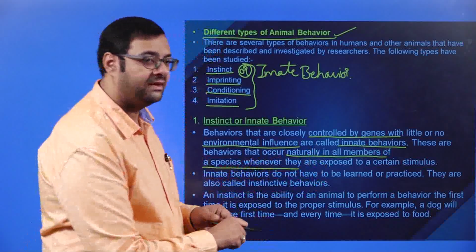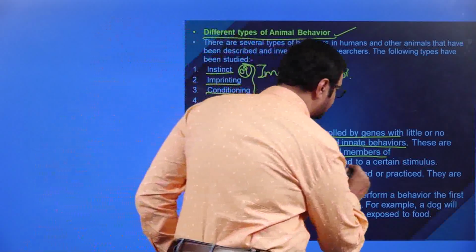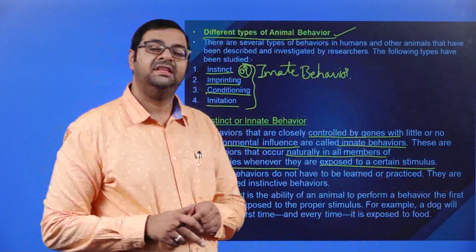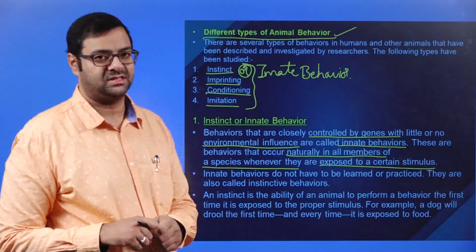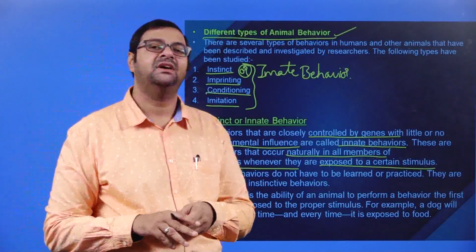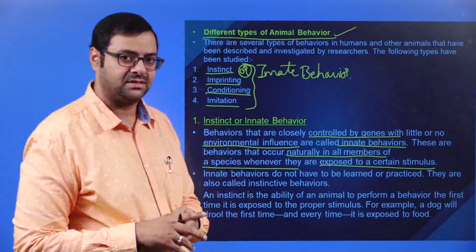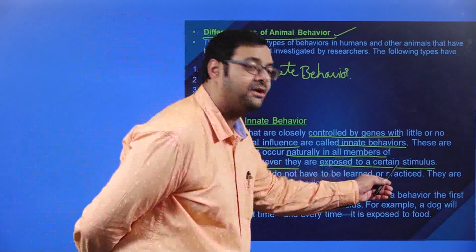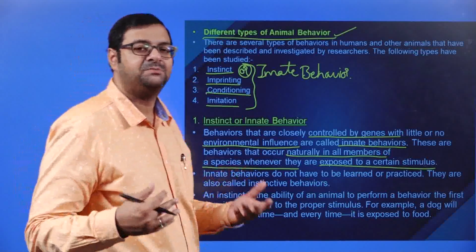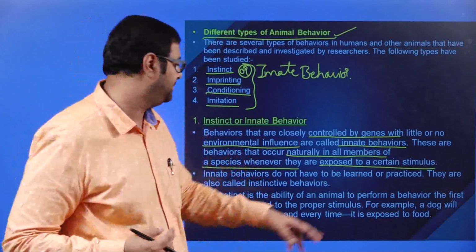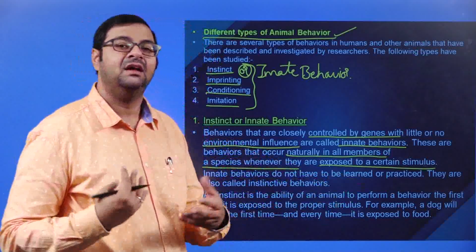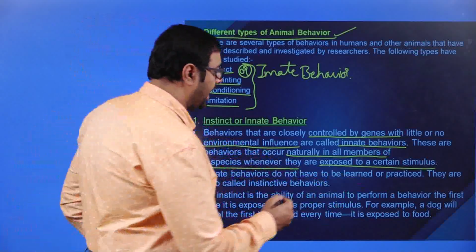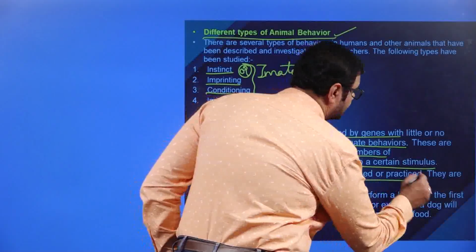These behaviors are seen when they are exposed to a certain stimulus. I explained in the previous session what a stimulus actually is. Innate behaviors do not have to be learned or practiced. If you are learning cricket, you need to learn how to bat, bowl, field and run, and you have to practice also.